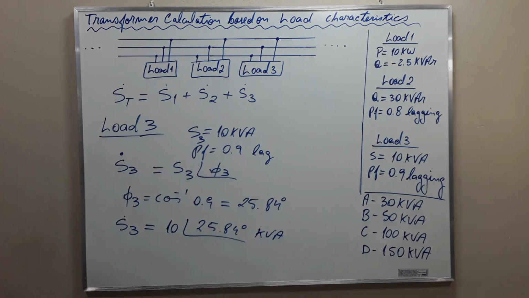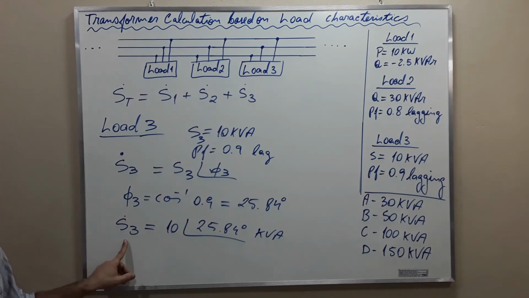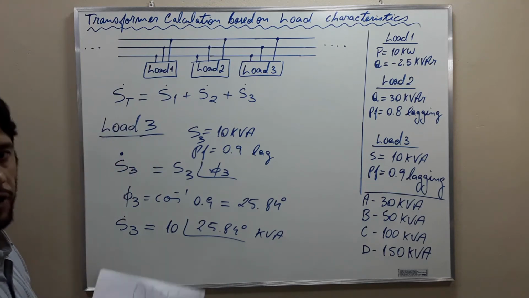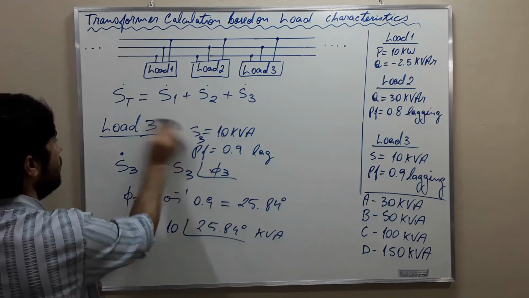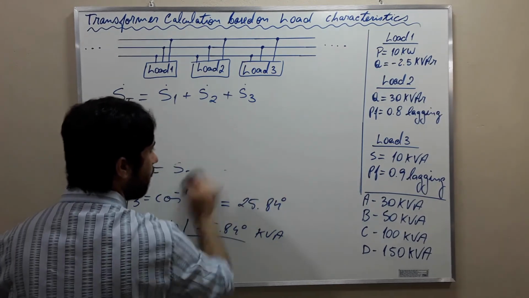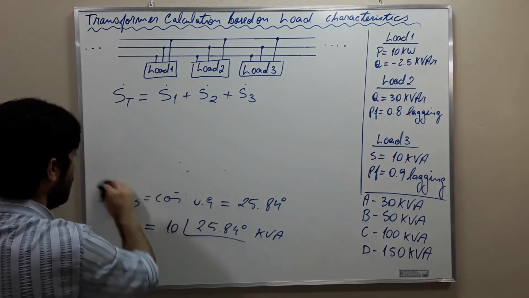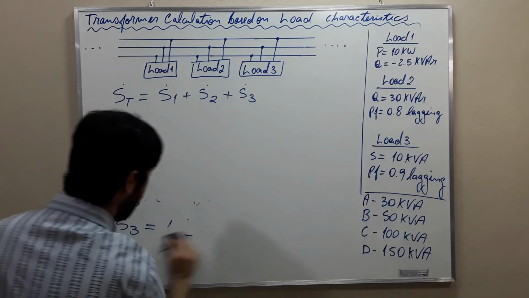Okay? This is the apparent power for load 3, and this is the complex power for load 3. Okay, now what we need to do is to sum them up. We are going to sum them all, and then we are going to find what the problem wants us to find. Alright, guys. Very good.